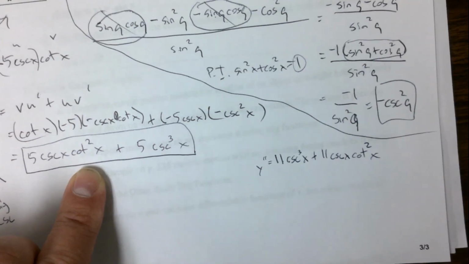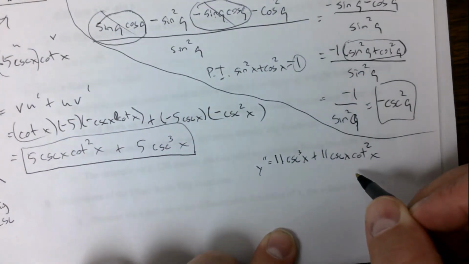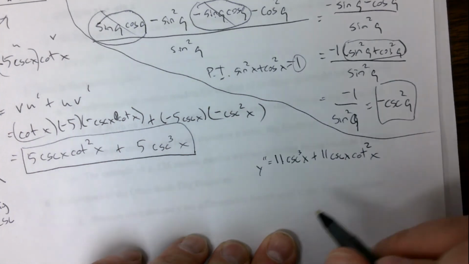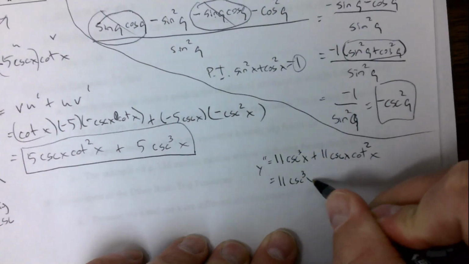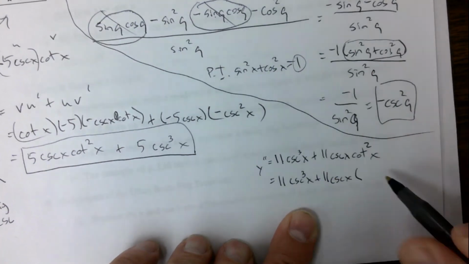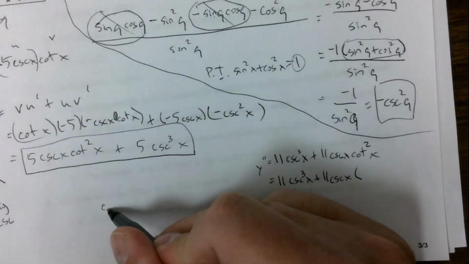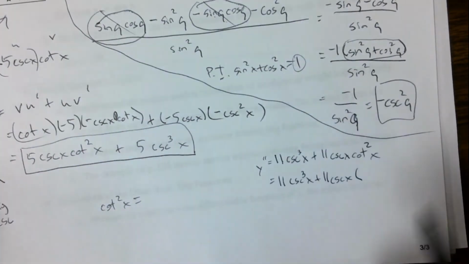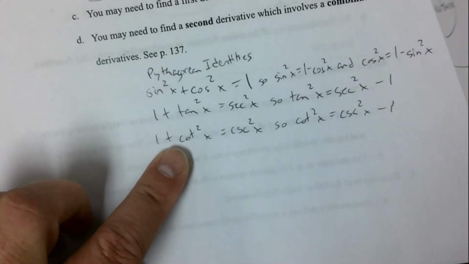Now let's follow their process to get to the last part. So now to only use cosecant, we have to do a substitution. And so this would be 11 cosecant cubed x plus 11 cosecant x cotangent squared x. Then you have to do a substitution because remember, let's go to that Pythagorean identity.